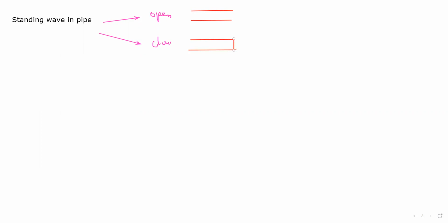Basically, these pipe instruments enhance and increase the sound as they give rise to a standing wave.